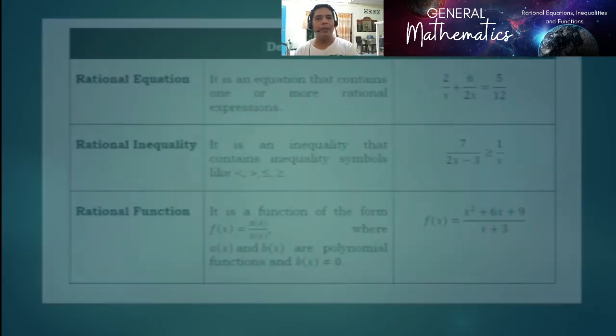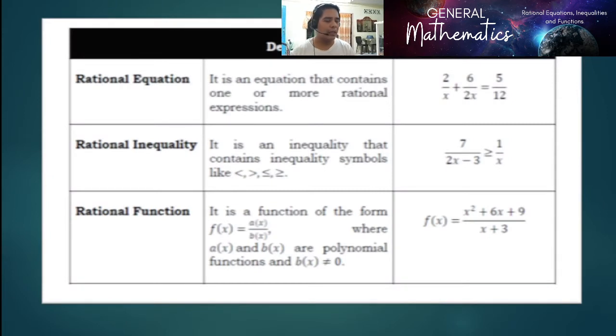Napaka-importante. And one of our objectives is to distinguish between rational equation, inequality, and function. So these are the definitions of the three. In order for us to absorb what rational equation, inequality, and functions are, namnamin natin yung definition.